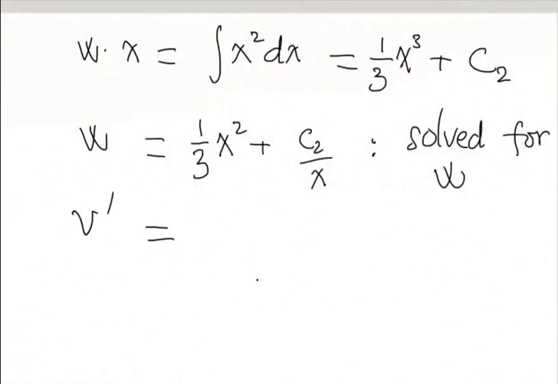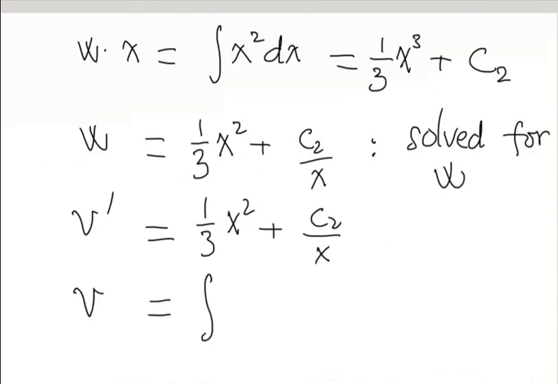So v prime is 1/3 x squared plus C2 over x. Now we need to integrate again to get v. So integrate, we have the integral of 1/3 x squared plus C2 over x dx.